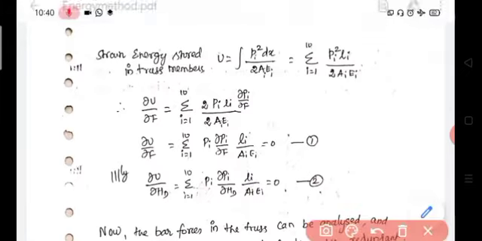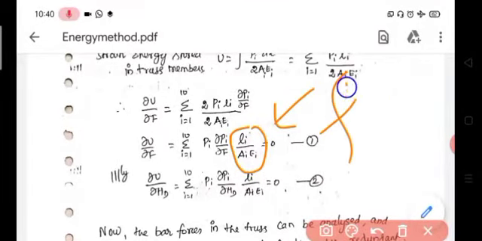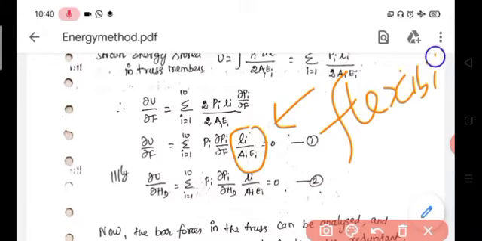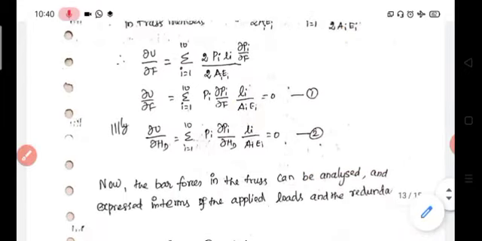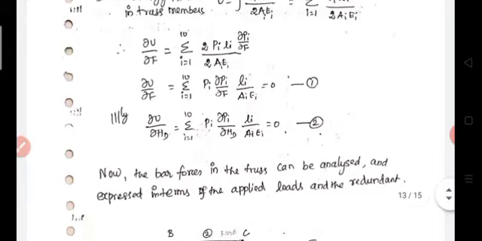This term L by AE is called flexibility. Similarly, dou U by dou HD is equal to the summation for i equal to 1 to 10 of Pi dou Pi by dou HD times Li divided by Ai Ei.